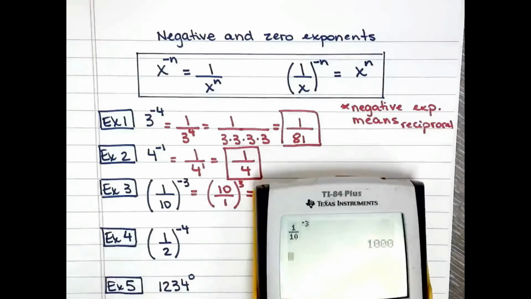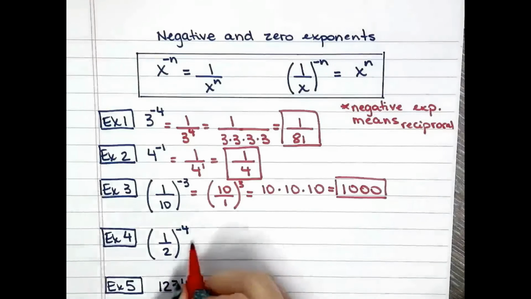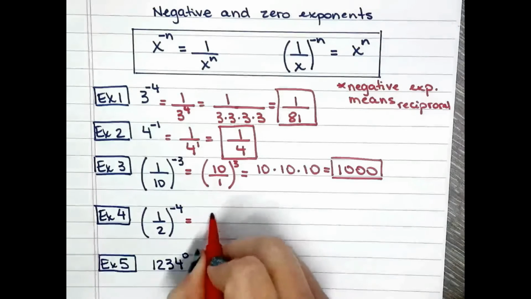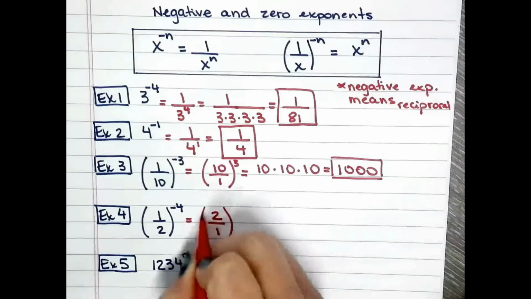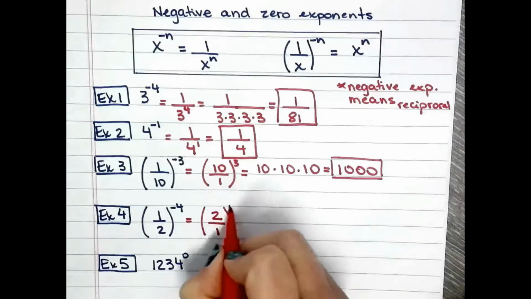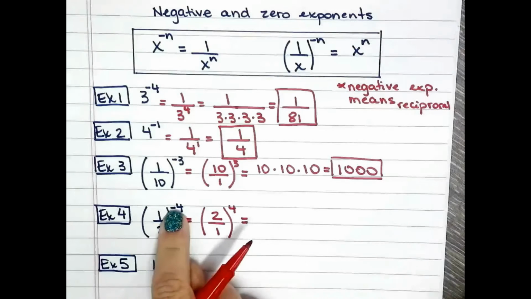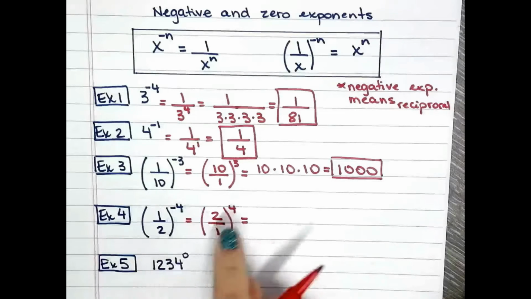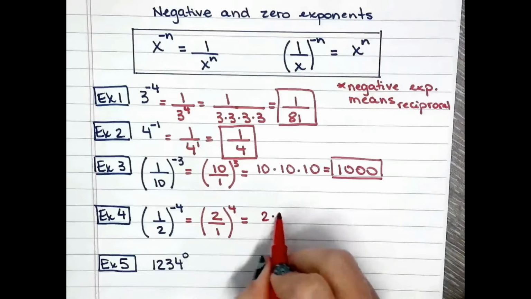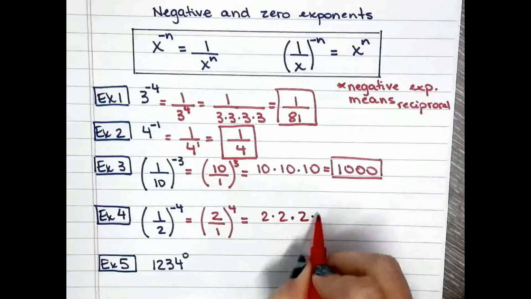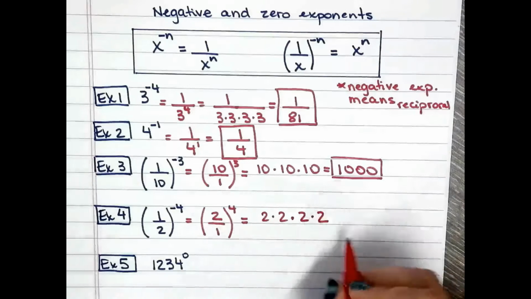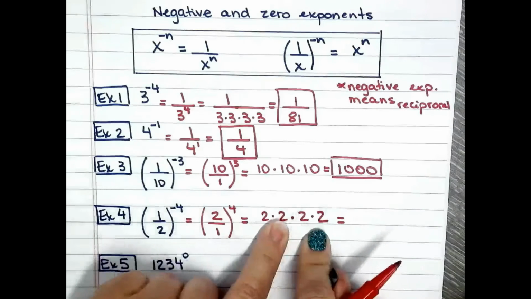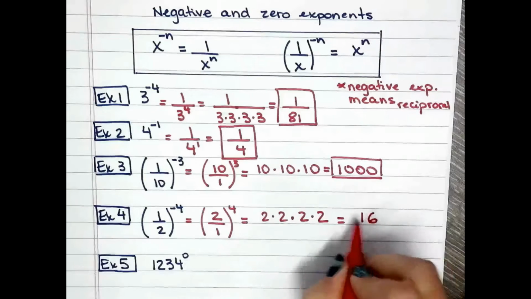Ta-da! Okay, another one. Negative exponent means reciprocal, so 2 over 1, and that negative becomes a positive 4 because of the reciprocal. So that means 2 times 2 times 2 times 2. 2 times 2 is 4, 2 times 2 is 4, 4 times 4, ta-da, 16.